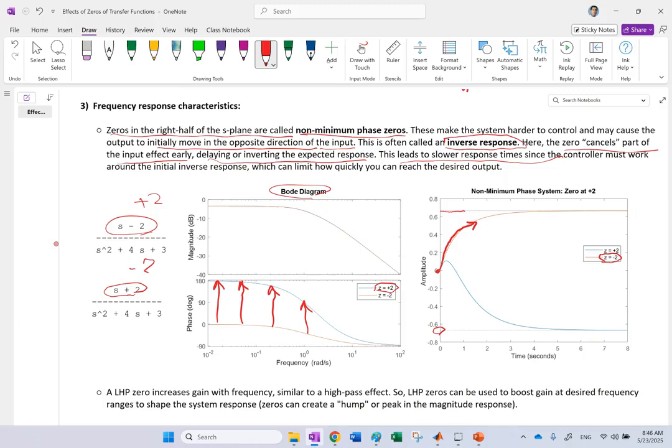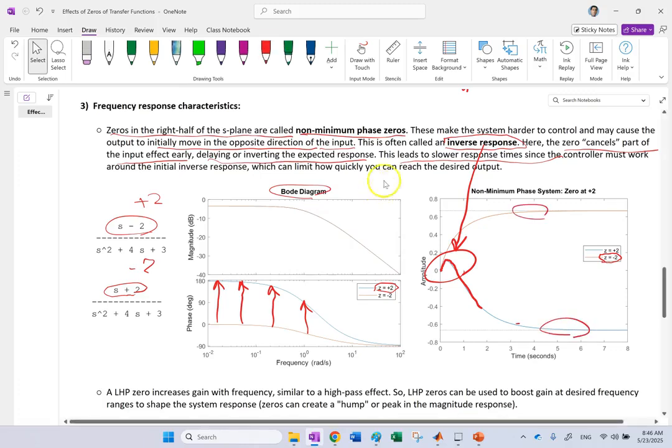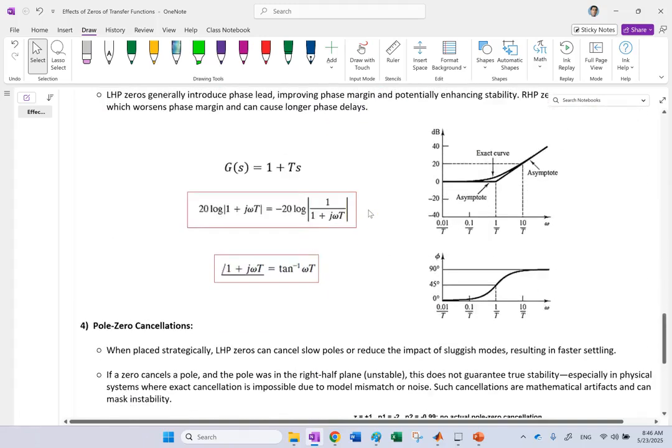Initially it's at 0 and it should start going down in that direction, but look what happens. Instead of going directly from 0 to that negative number, first it goes up, then goes down. So this inverse response will cause the settling time of the system to be bigger here compared to here, and that is absolutely not a good thing.